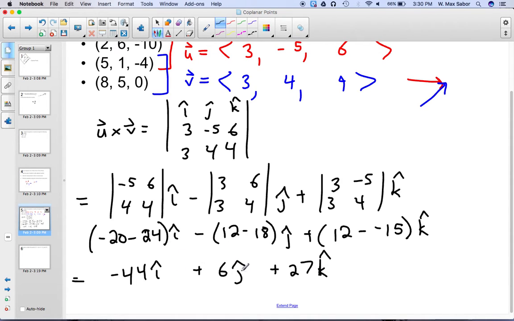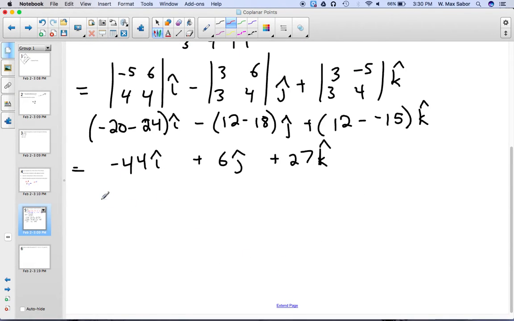So this is a normal vector, and it's through one of these random points. So I'm going to write an equation using this vector, so I know that because this is a normal vector, I can use those as the coefficients.